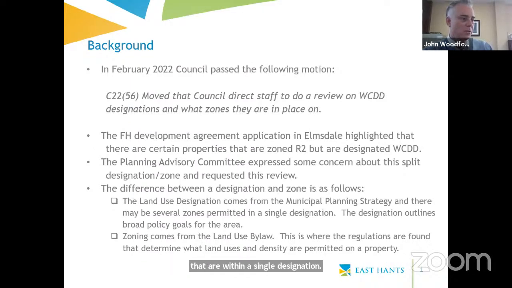In some cases, there's only one designation that goes with the zone, but just to kind of clear that up a bit. And generally, the designations are sort of a higher level planning principle. They outline the broad policy or the goals for that area, whereas the zoning comes right down to regulations. What's actually permitted? What can you do with signage? What are the yard setbacks? How high can it be? All that kind of stuff. So those are the differences.